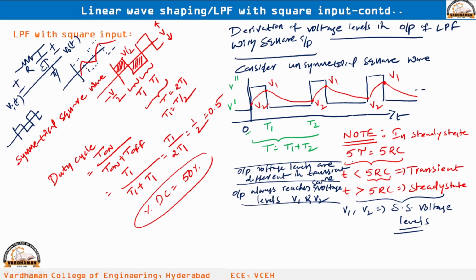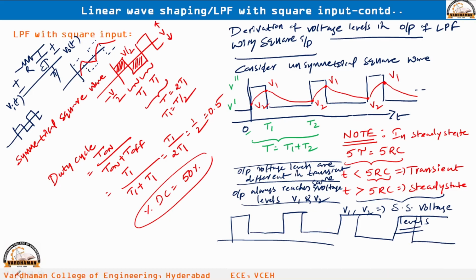Okay, that means roughly here I am drawing, like this I have taken. So, what will happen is the output starts at 0, for example, charges up to this value, then discharges, then charges to some other value.